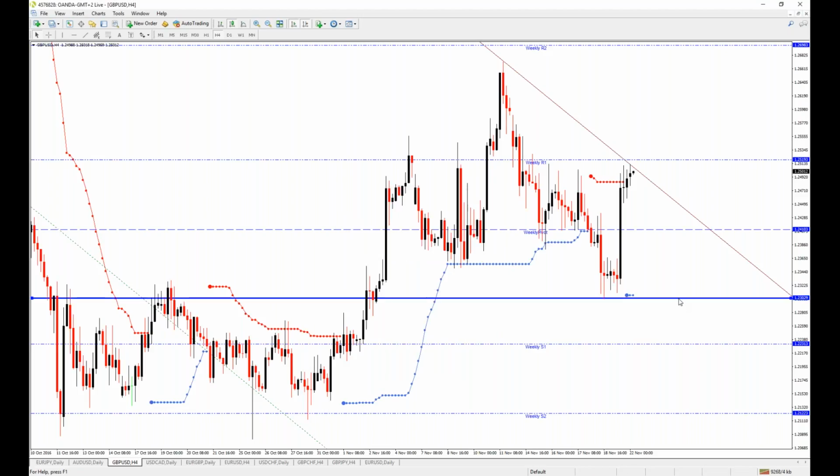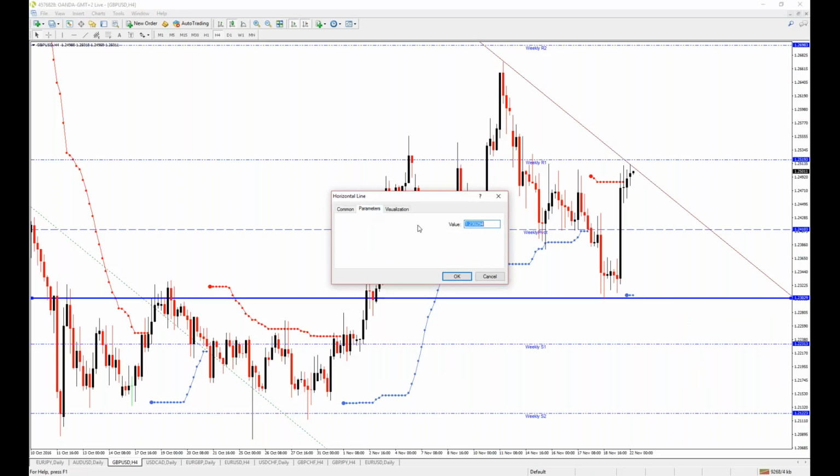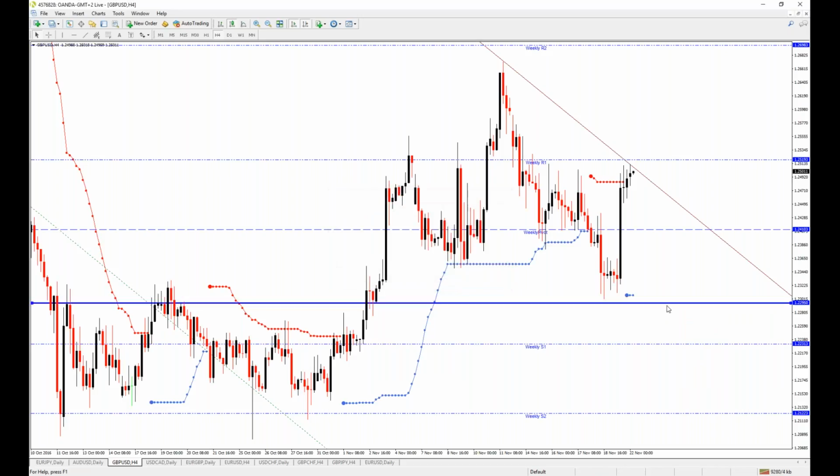And the line's going to be just underneath the psychological level. So I'm looking to sell this at 22.95. Looking to sell the Great British Pound at 22.95. Okay?